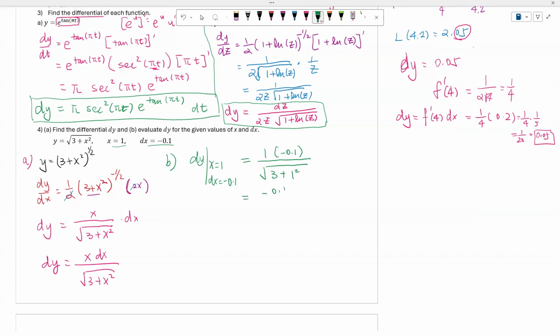Then I have negative 0.1 divided by square root of 4, so negative 0.1 divided by 2. In this case, I could write this as negative 0.05. Or if you want, you could multiply top and bottom by 10 to make it negative 1 over 20.